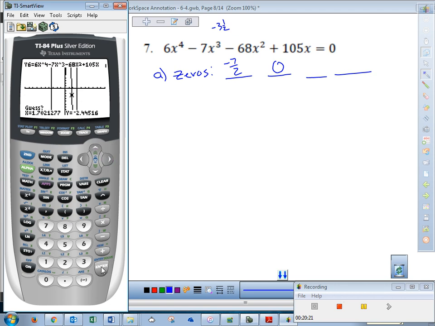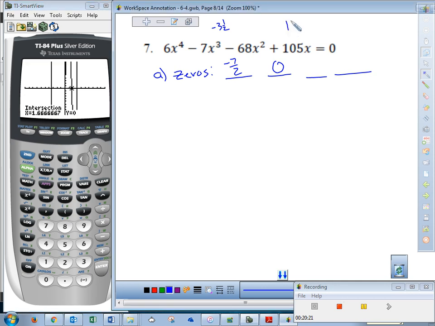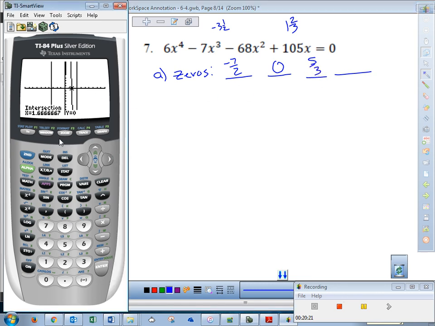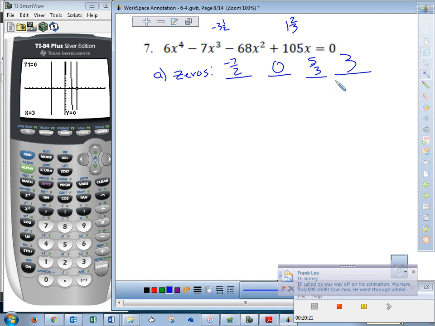You want y equals 0 below him. 1.6 repeating, which is 1 2/3, correct? What's 1 2/3 turn into? 5/3. And then you could trace that one. That one looks like it comes out nice at 1, 2, 3. Trace 3. Does that come out nice? Yeah. So all 4 were rational.